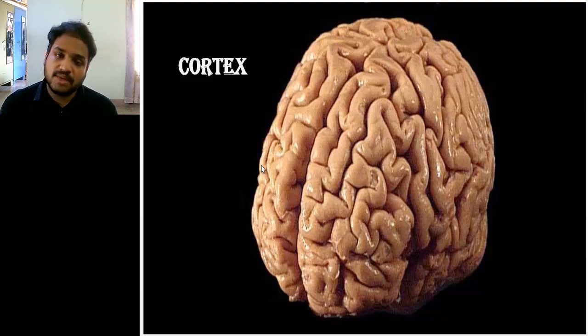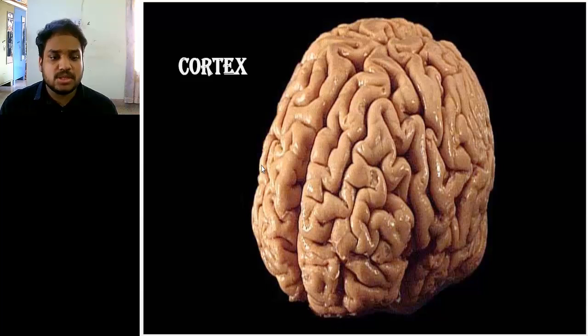Also, among the left-handed persons, more than 60% again have their dominant hemisphere as the left hemisphere, right? So remember that the left hemisphere is the dominant hemisphere in the population.